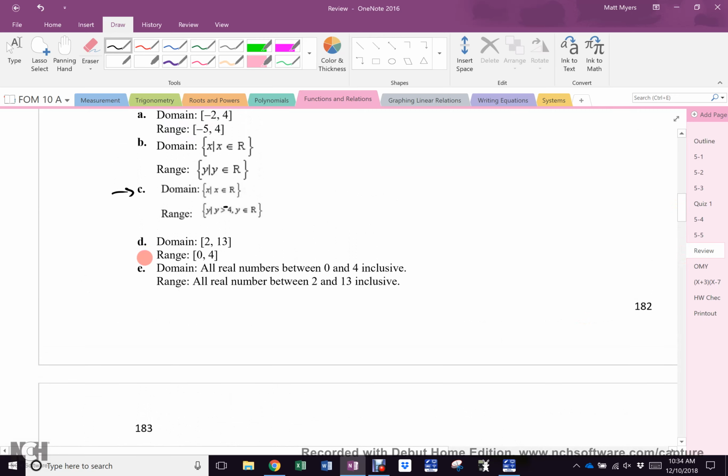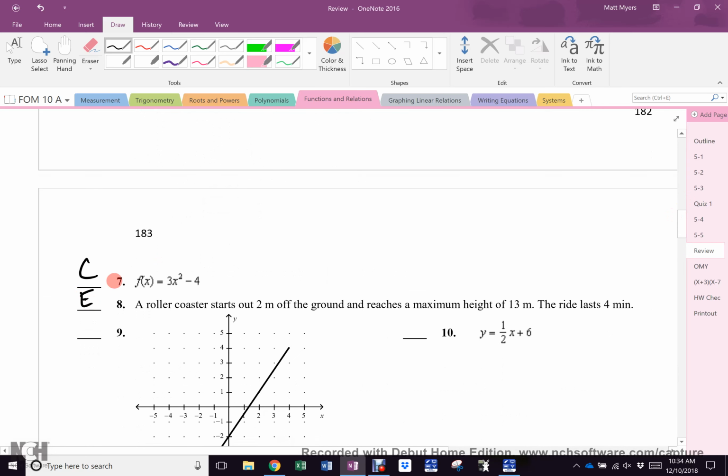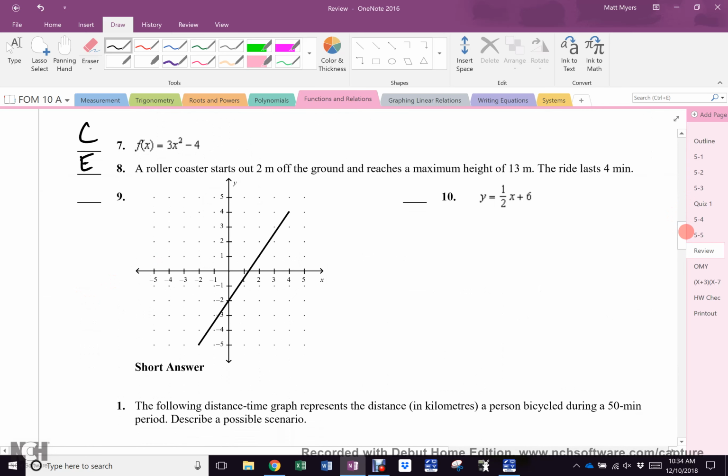Two to 13, so it did have to be E. 9. What's my lowest range value? Or domain. I'll take either one. I don't care.